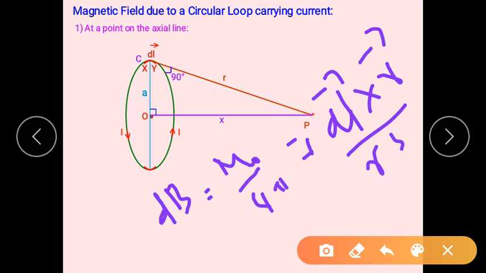In the last class I said that to find the direction of any cross product you can use the same palm rule. What is the palm rule?